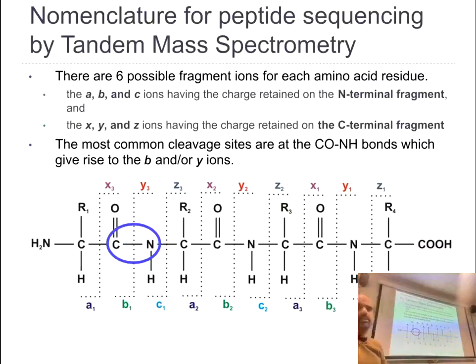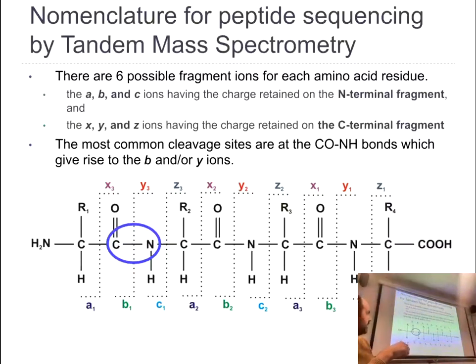It has to be charged. So if you only had one charge on the full molecule, and then you broke it down to two, you still have only one charge. You can't split the proton. So the proton will either choose to go on this bit of the molecule or this bit of the molecule. If it goes on this bit of the molecule, which still has the N terminal, it's called the B ion series.